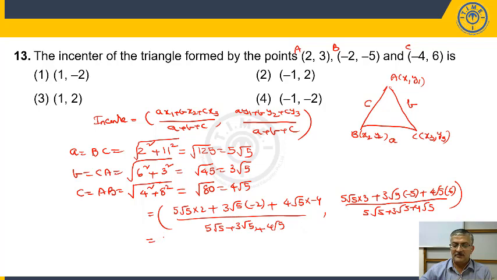So see what the total value is here: 10 root 5 minus 6 root 5 minus 16 root 5. So this becomes minus 12 root 5, divided by 12 root 5. Here, 15 root 5 minus 15 root 5 cancels, 24 root 5 by 12 root 5. So simply what is the answer? Minus 1 comma 2. So this is the second option.